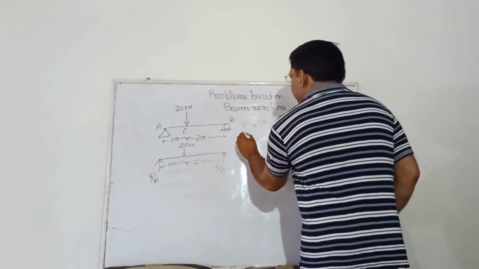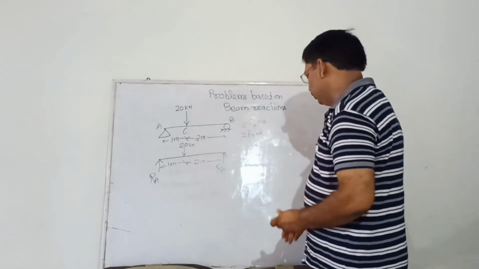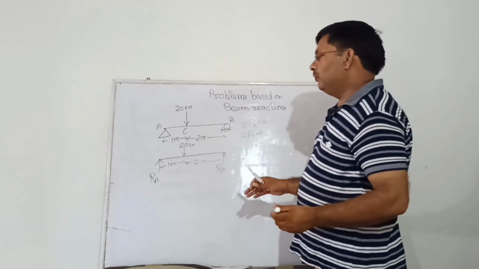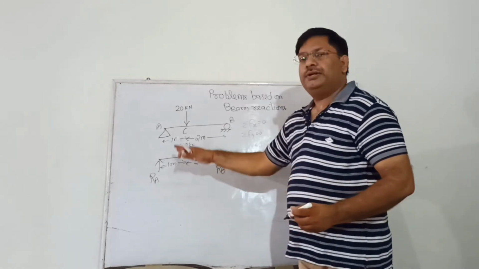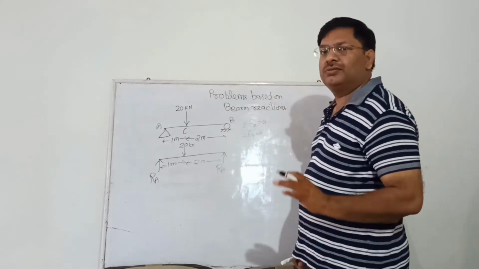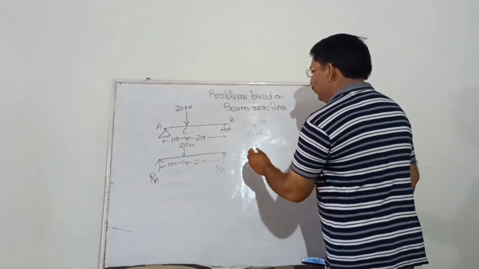Now we will apply the second condition, sigma Fy equal to 0, that is sum of all vertical forces must be 0. So when we make equation for the vertical forces, the upward forces will be taken as positive and the downward forces will be taken as negative. This is a sign convention for these reactions or forces.